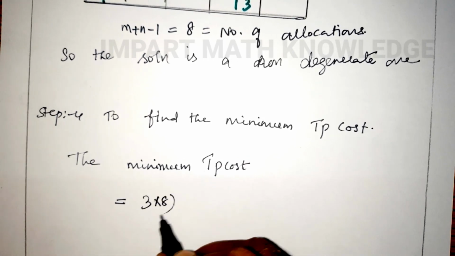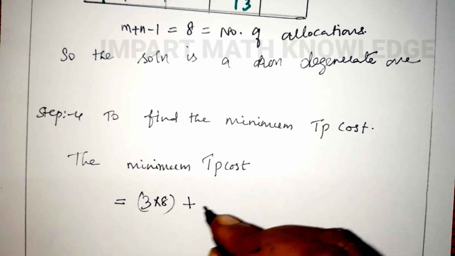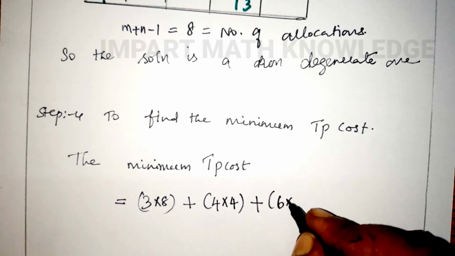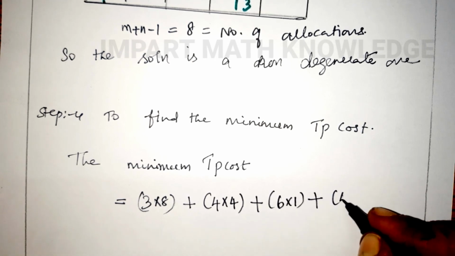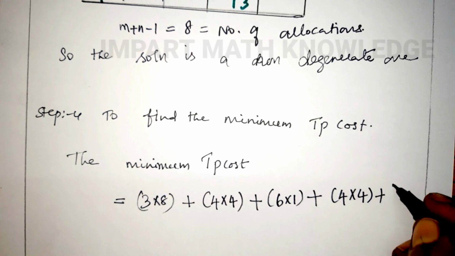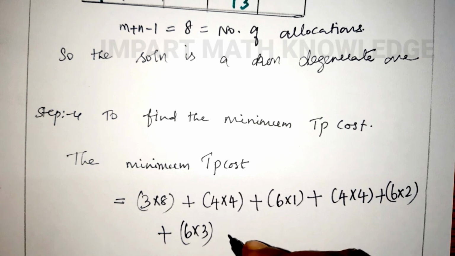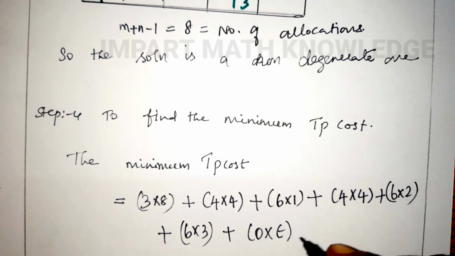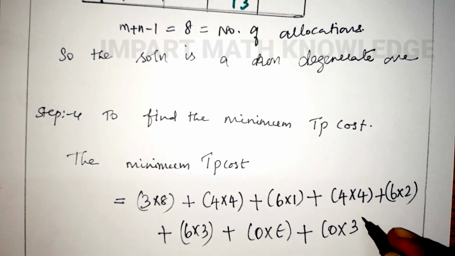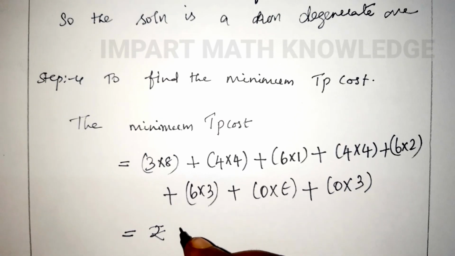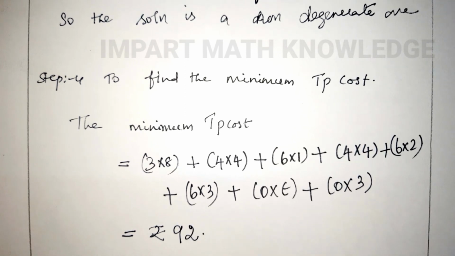If you multiply and add, you will get 92. This is the minimum transportation cost or initial transportation cost for this particular problem.